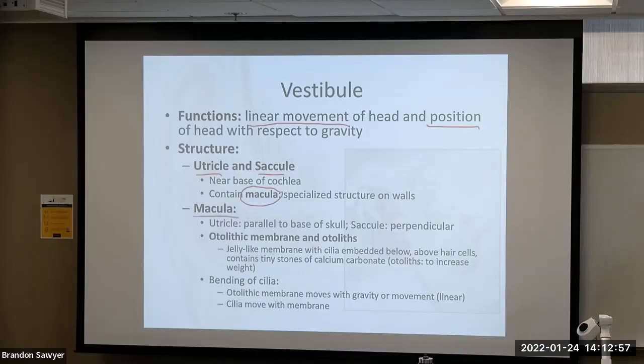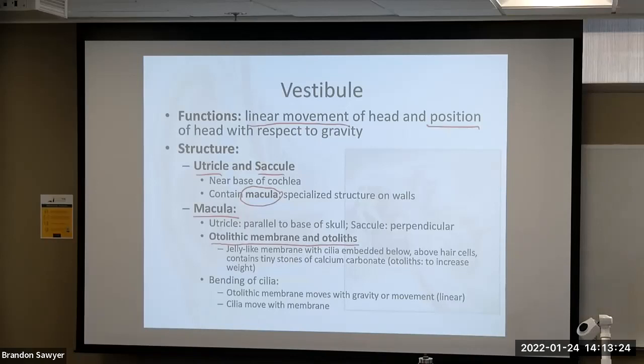But what we find in the macula are these little structures called the otolithic membranes, as well as the otoliths. Oto means ear. Lith or lithic refers to a rock of some sort. We'll see on the next slide that it's literally little stones embedded in a membrane that give weight to that membrane, allowing it to move when our head moves or changes position.